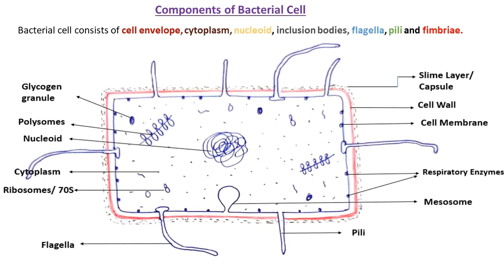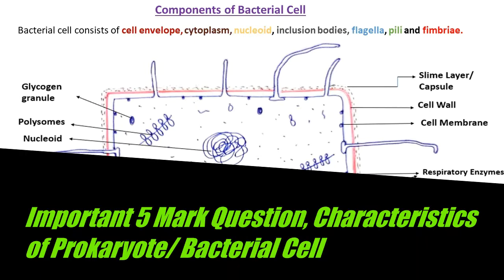Students, in this chapter the internal, detailed cell structure of a bacterial cell is not mentioned. But mind you, in your school exams, when even the first unit comes, they can ask you about the characteristics of the kingdom Monera and especially the characteristics of a prokaryote cell.